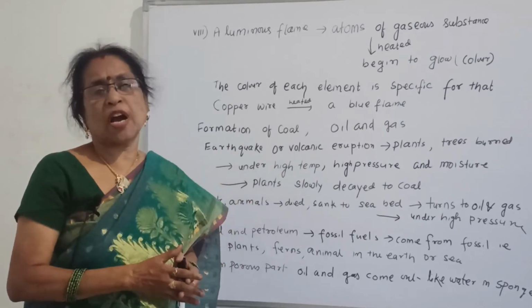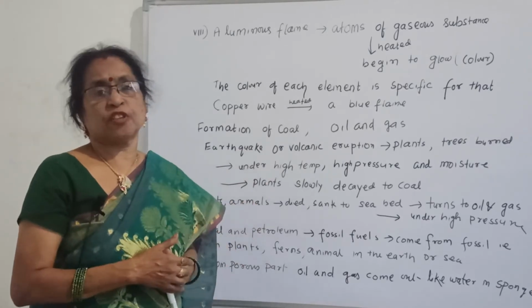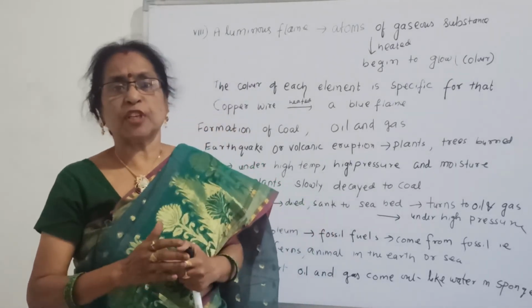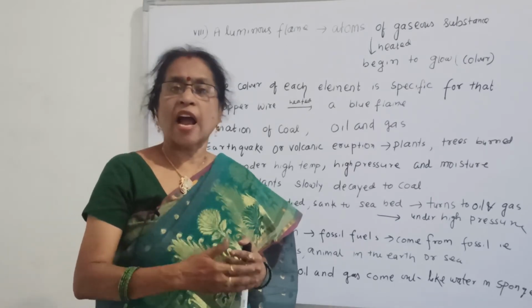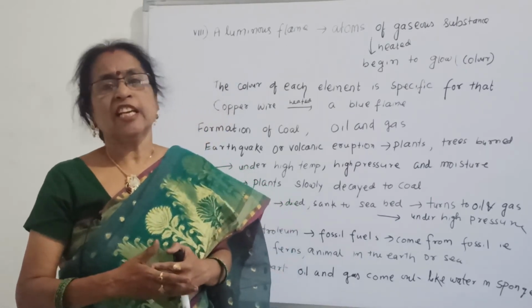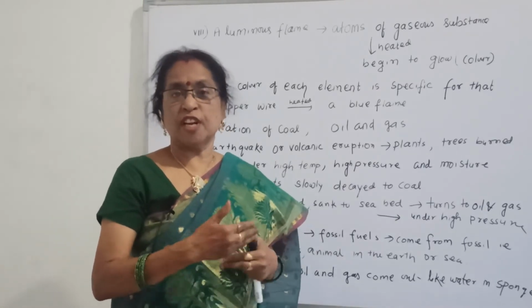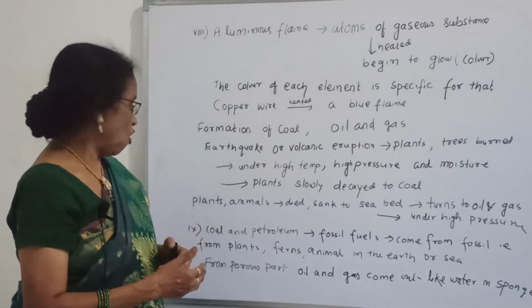From the porous part, you can get oil and gas. Here also high pressure is required. Under high pressure, the plants and animals that died in the sea sank to the seabed, and after so many millions of years, they changed to gas and oil.